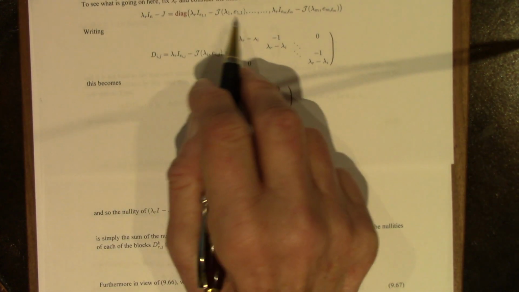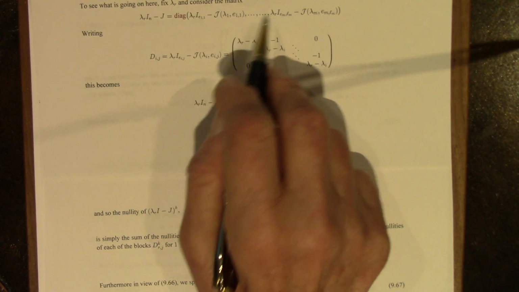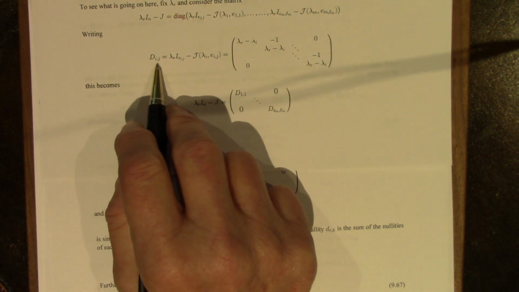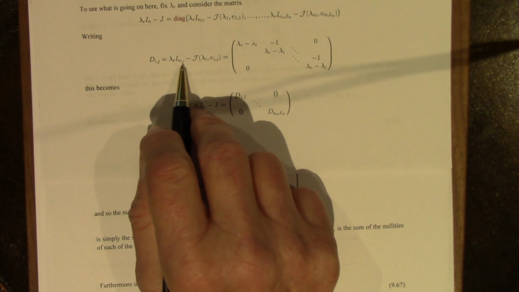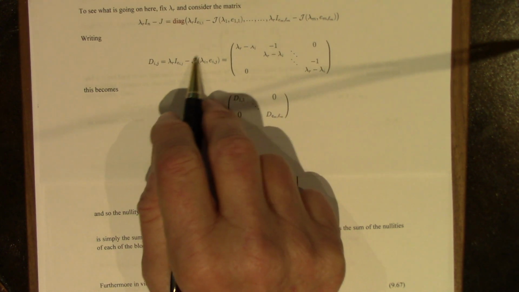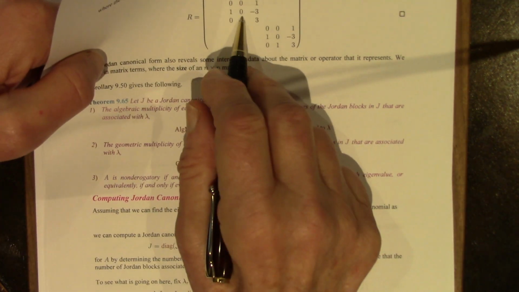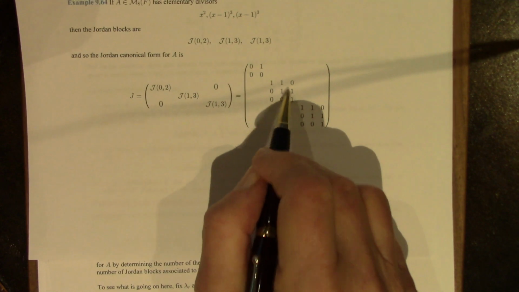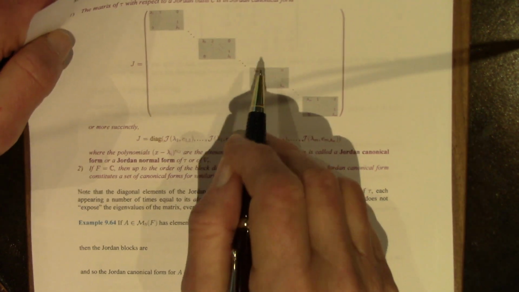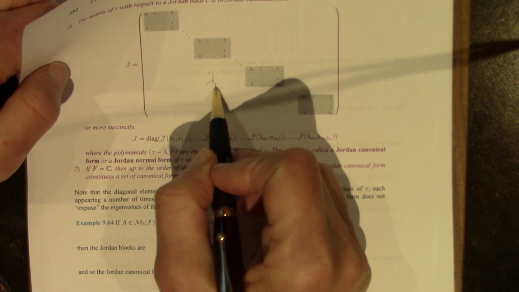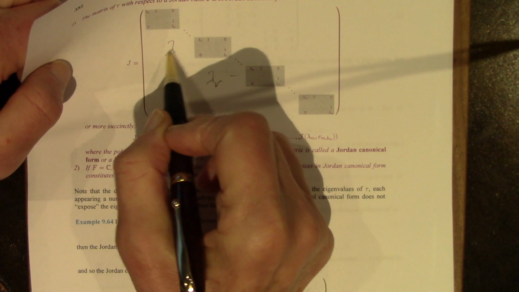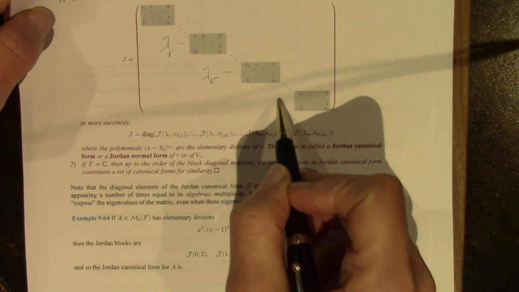Already the notation is getting real nasty, so I'm going to let D sub ij be what you get by taking the ijth Jordan block, one of these blocks, and just take lambda r minus that block. So you get new blocks, and use the same lambda r all the way through.